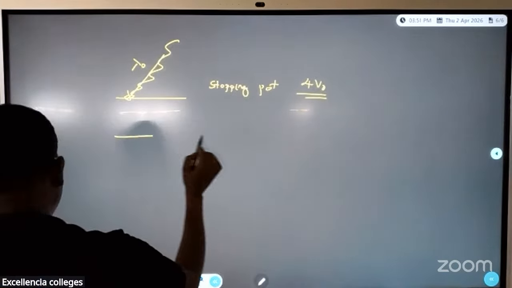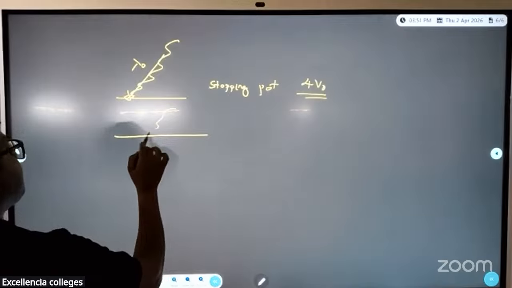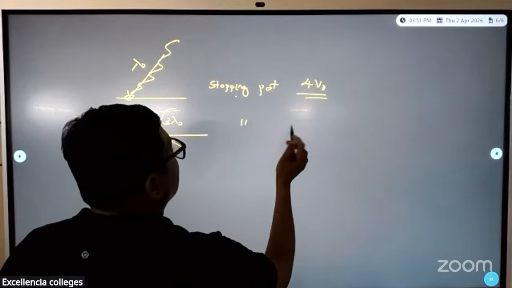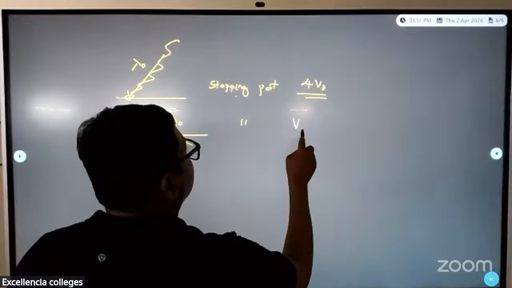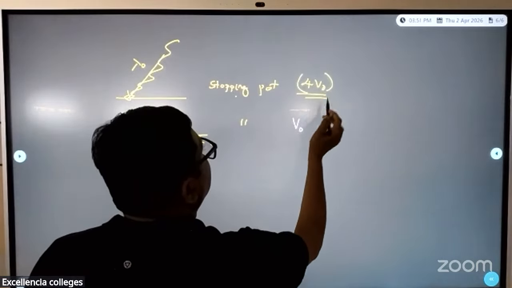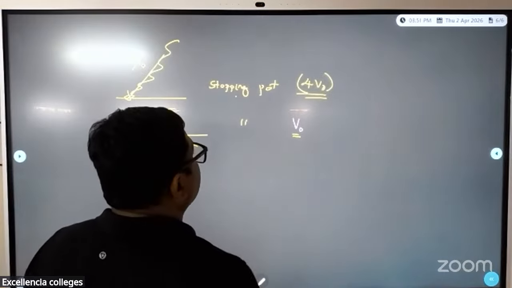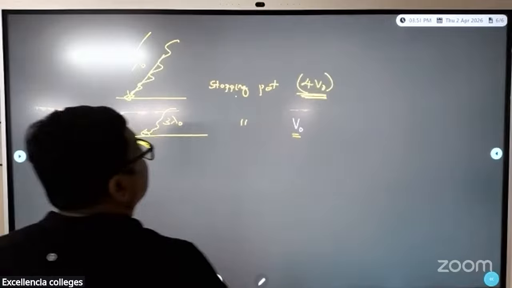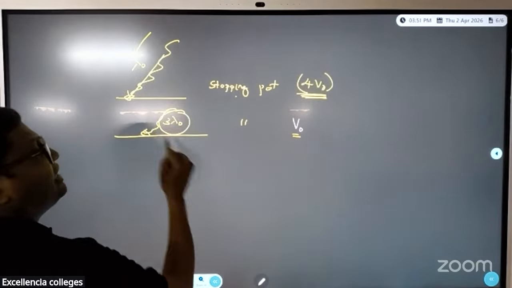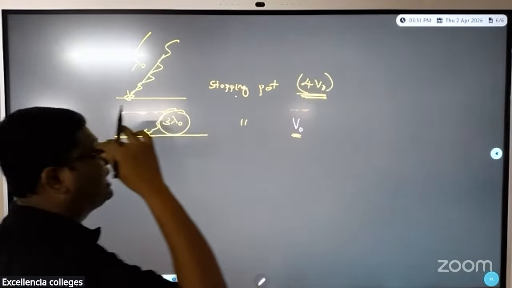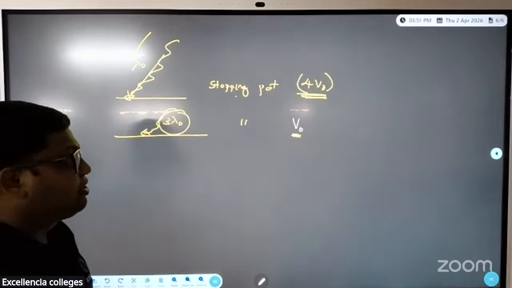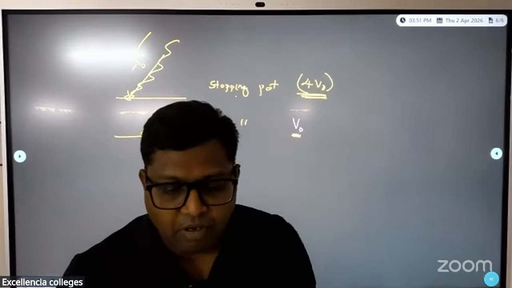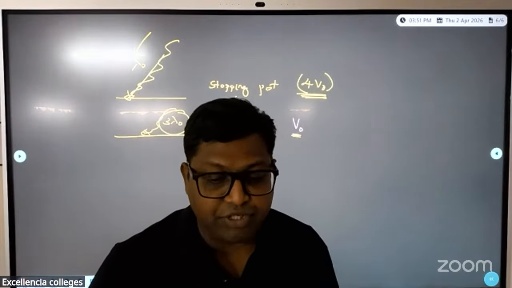Suppose you use another wavelength of 3 times lambda naught, the stopping potential now becomes V naught. So for one wavelength it is one potential, and for another it is a different potential. Taking this into account, you are asked to calculate the work function of the metal.